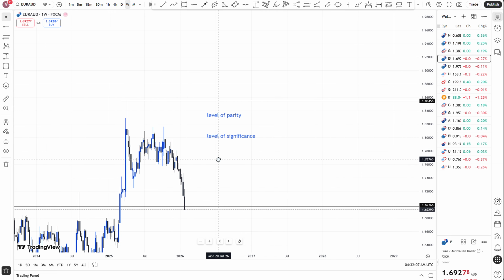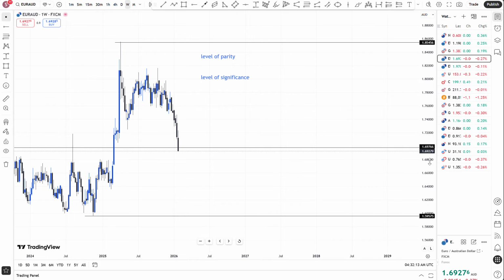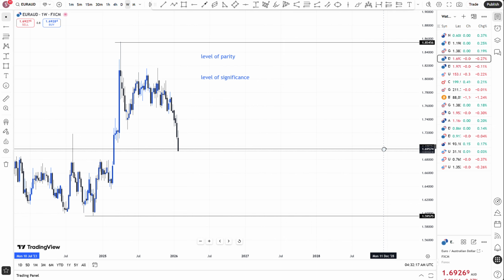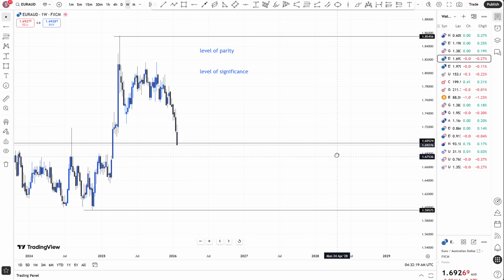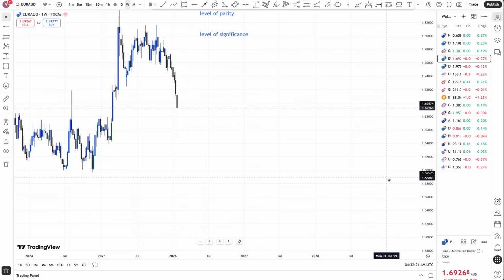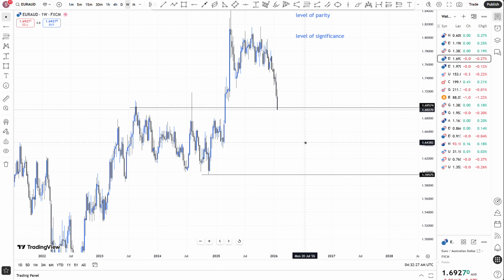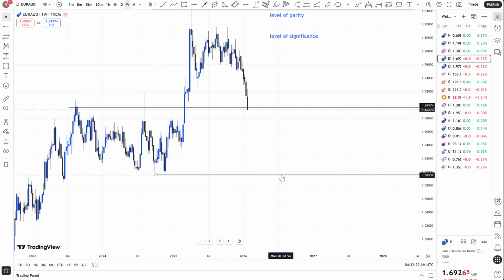If you come here, you can see this one is 1.86000. When we get to this point, the closer number is 1.70000. And here you can see 1.60000. It's really reasonable.